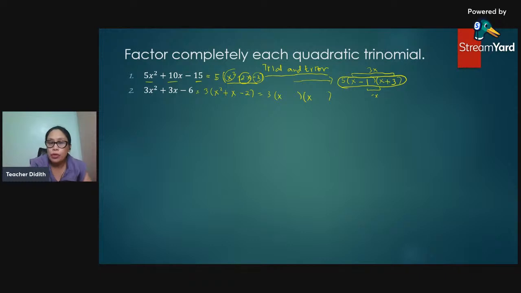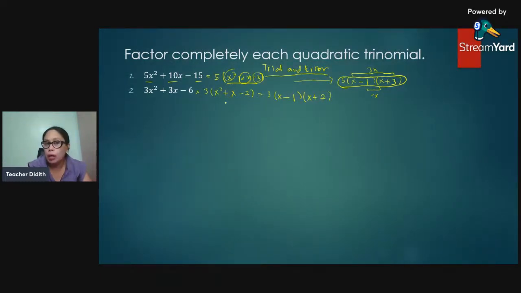For 2, of course, this is 1 and 2, but we just have to think of the sign. Since this is positive, this must be plus 2 and this must be minus 1. So we have to check the middle term. Again, x times x is x squared, while negative 1 times 2 is negative 2.